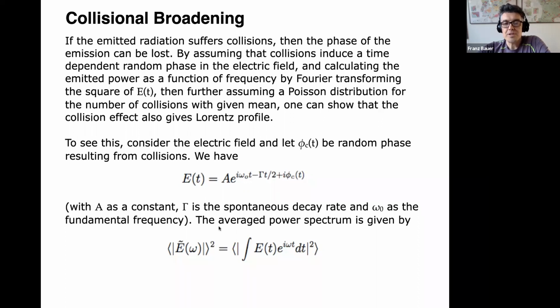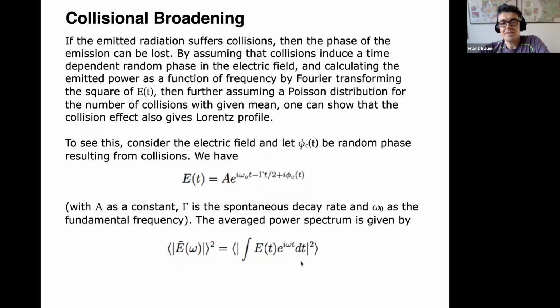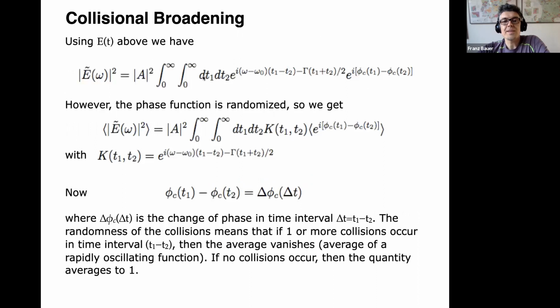If we take the averaged power spectrum, we Fourier transform this, take the average and square it. Plugging in, we have time one and time two, taking the integrals between those two times.